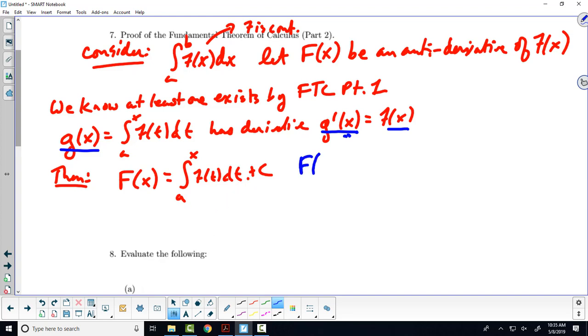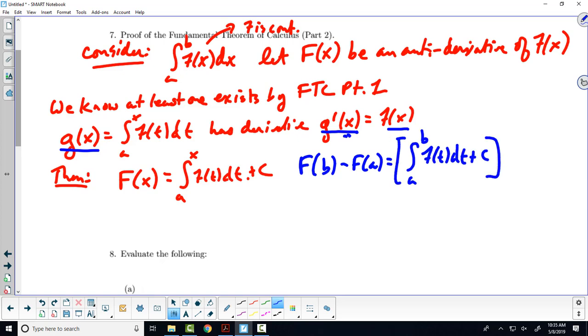Let's look at F of b minus F of a. Well, that's going to be the integral from a to b of f of t dt plus c, minus the integral from a to a of f of t dt plus c. I'm out of room, so I'm going to put it down here.